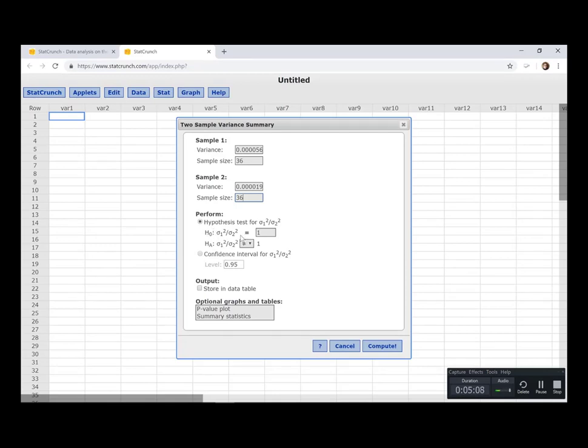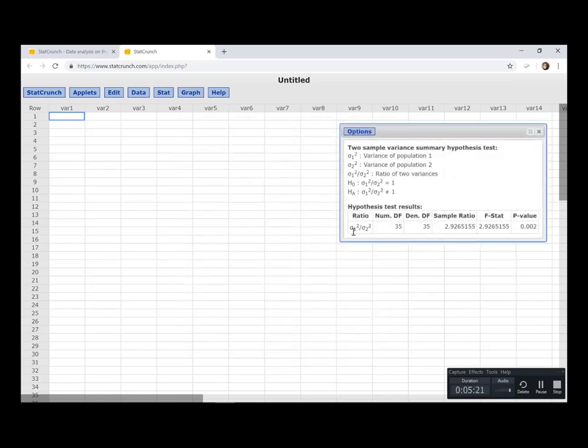My null hypothesis is that they're equal, so it's equal to 1, and my alternative was they were not equal, so then the ratio would not be equal to 1. I'm going to compute. And there I have my statistics. So there's my F statistic right there and my p-value.